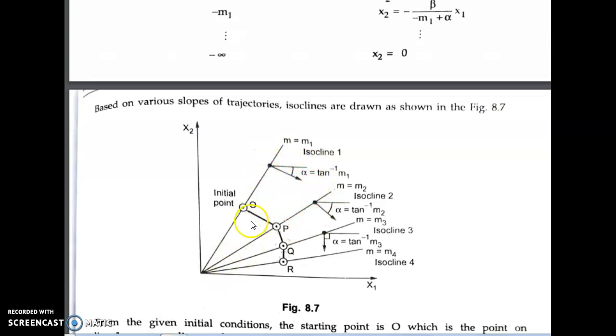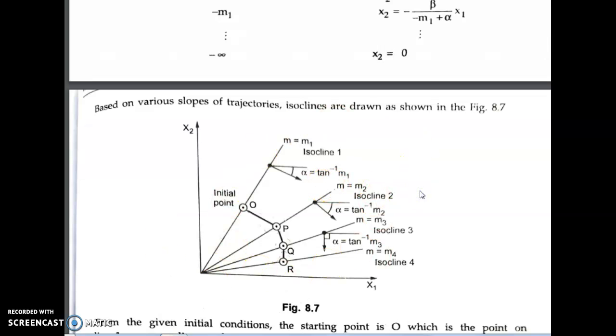Here is the first phase portrait, second, third, fourth, like this. Each slope m1, m2, m3 will give one isocline. This total is the phase plane. Is it clear?